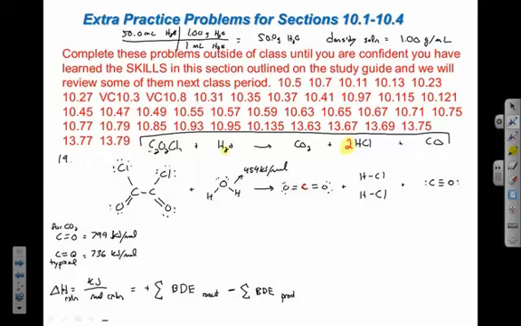Alright, so then I want to account for all the bonds breaking and all the bonds forming, which in this case is pretty much all the bonds. So I've got to add that all up. So I want to add up the sum of all the bonds breaking, because that is what absorbs energy and will require the system to have a positive change in energy.